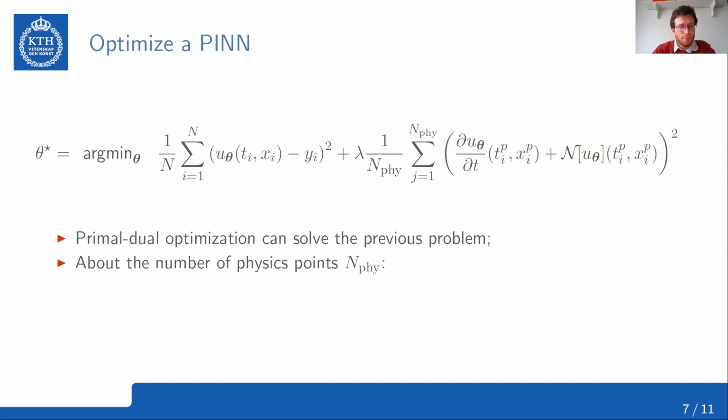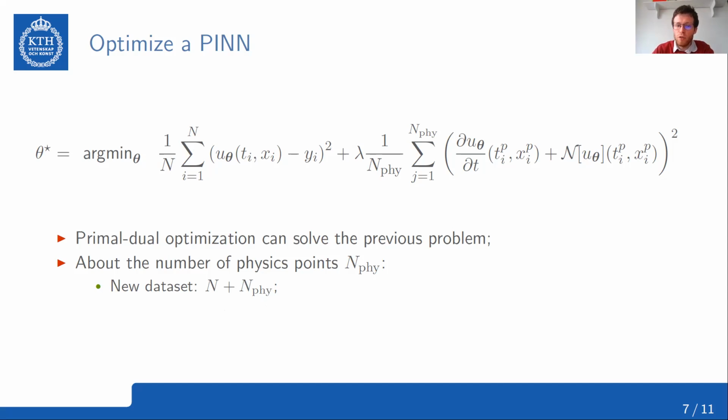Then we can talk a bit about the physics points n_phi. So adding this cost, like here, means in a way that we have increased the total sum. And now the new total number of points is n plus n_phi. So it's like enlarging the data set. Why do I precise that? Because we have seen earlier that for a data-driven method, the number of points in the data set is highly important.